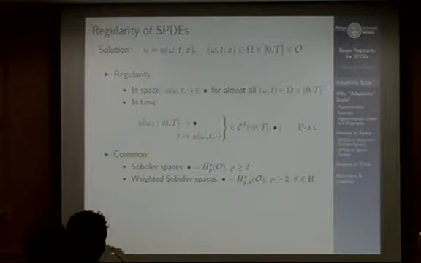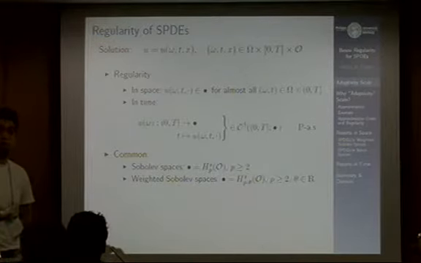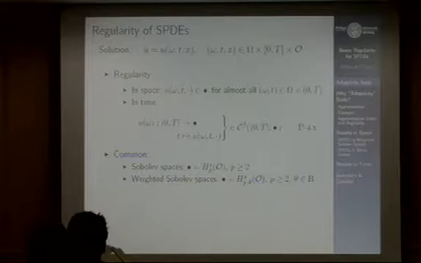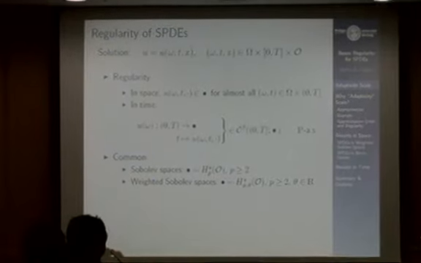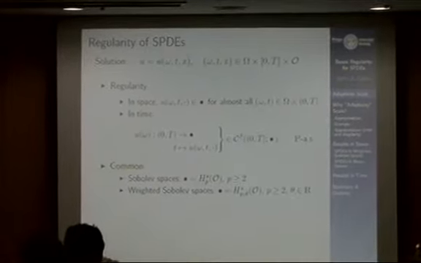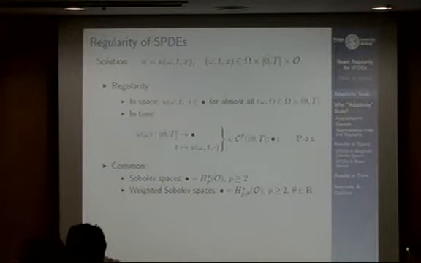First, we analyze the regularity in space, which means we are searching for appropriate function spaces and try to analyze if our solution lies in these spaces for almost all omega and t. And if we are successful, then the solution can be seen as a process taking values in this space, and then we analyze the regularity in time, meaning we look at the paths of this process and check if they are continuous or anything else.